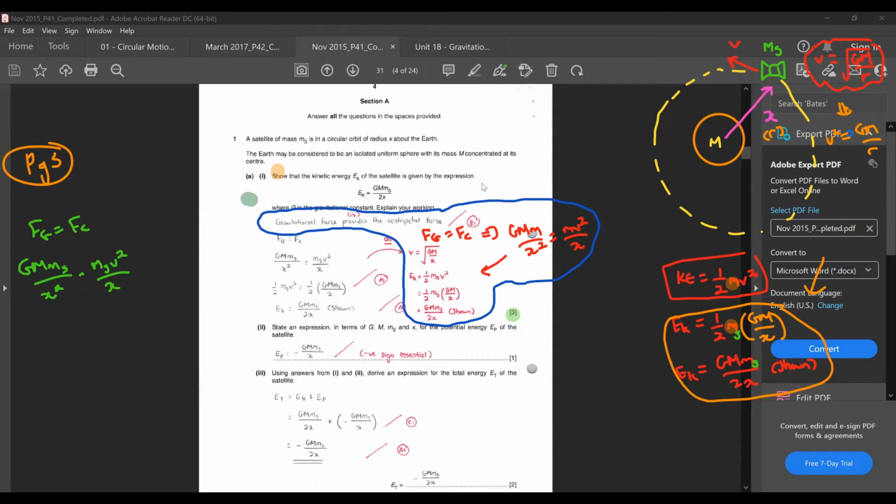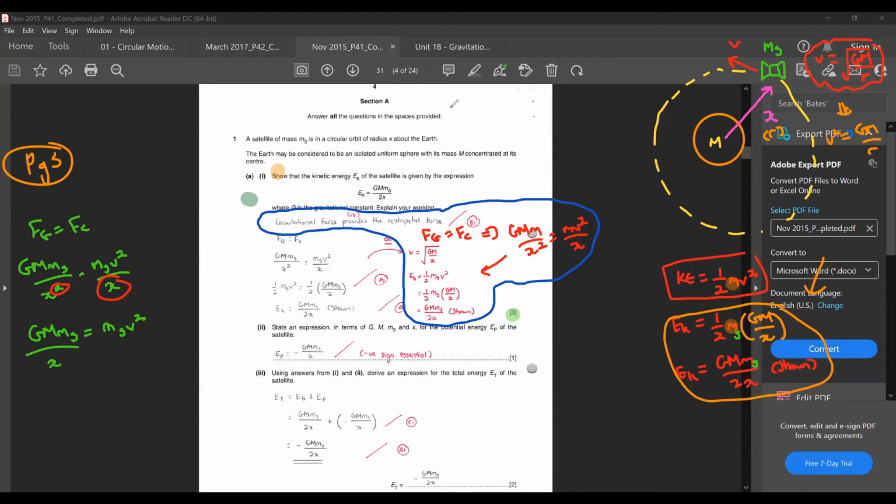If you simplify this, this one will become GMm_s equals to m_s v squared. The x here will cancel off one of the powers here. So this one will become GMm_s x equals to m_s v squared.